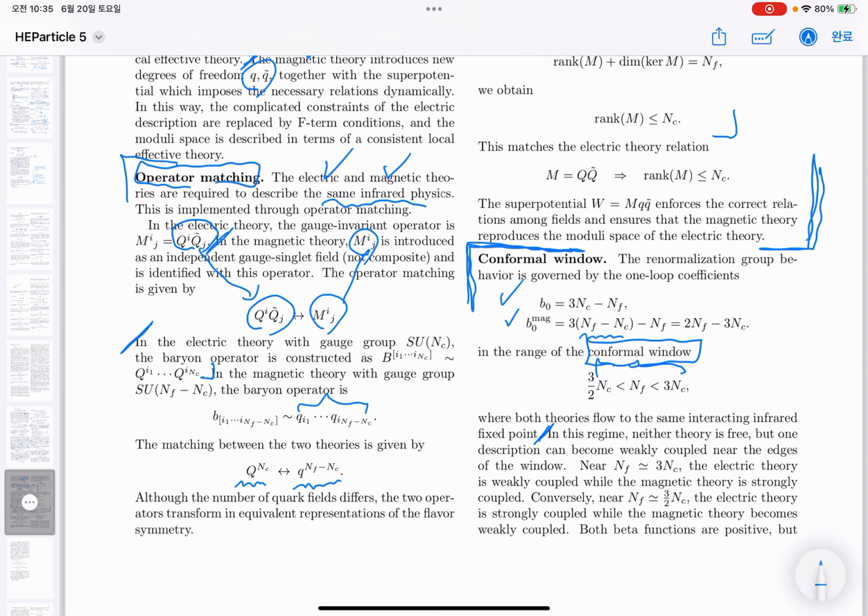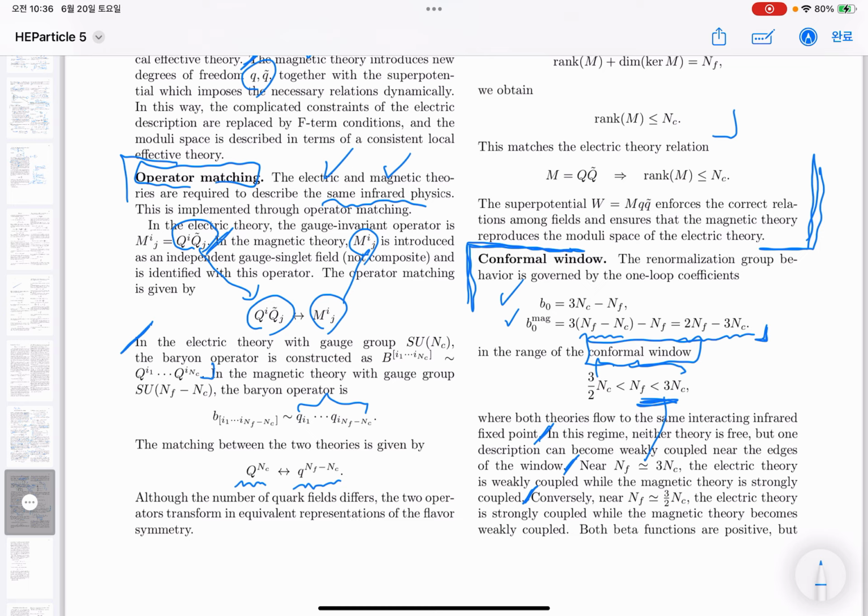In this interval, neither theory is free, but one can describe the weakly coupled theory near the edges of the window. So, for example, if N_F is near 3N_C, in this inequality, the electric theory is weakly coupled because the coefficient b_0 becomes small, but the magnetic theory is strongly coupled because this magnetic coefficient becomes large.